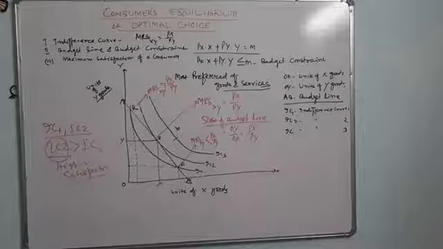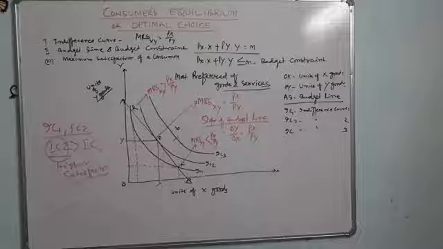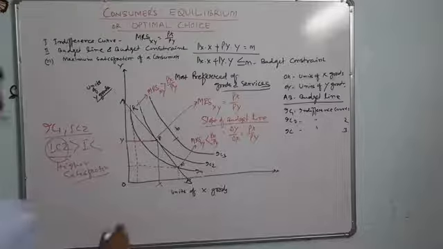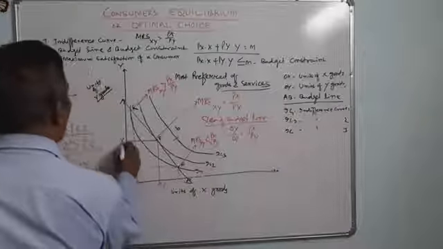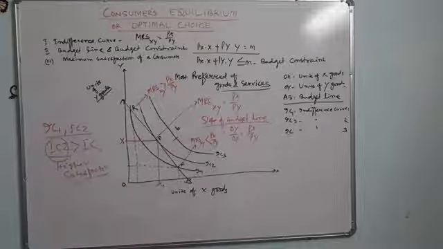Thus point E shows the maximum satisfaction of the consumer when X1 units of good X and Y1 units of good Y are consumed. That is called the consumer's equilibrium point, the point of maximum satisfaction.